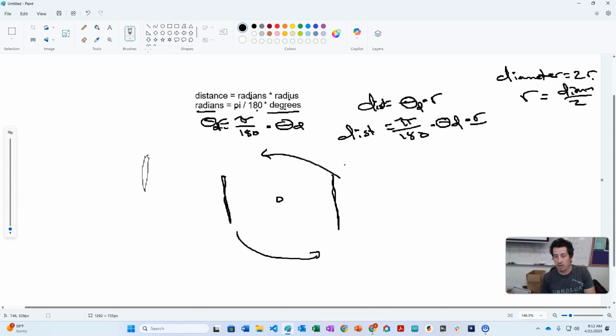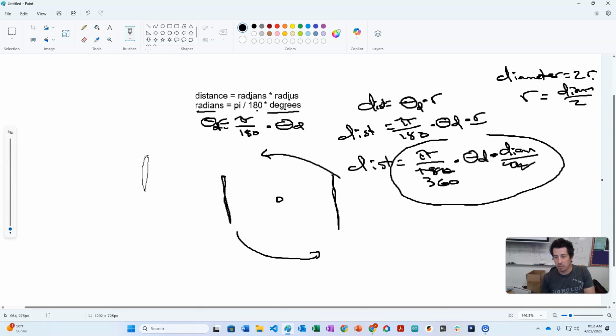Plugging that in, distance is equal to pi over 180 times our angle in degrees times the diameter over 2. We take that 2 and put it down with the 180, turning it into 360. This is the formula we need to use to convert our angle to our distance.